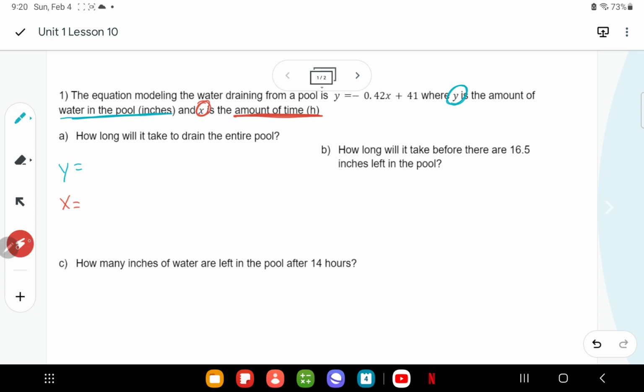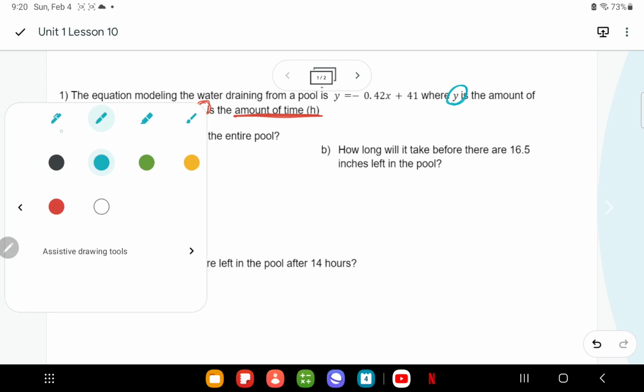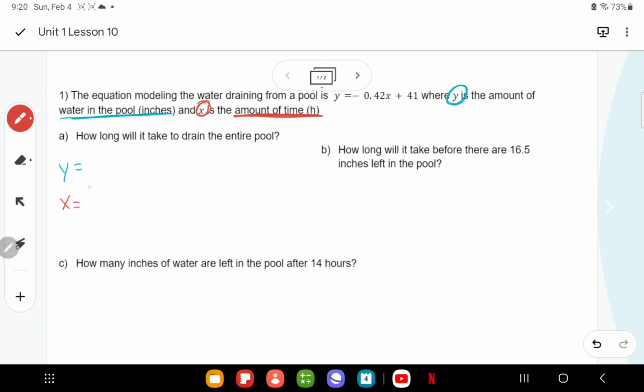So if we're asked how long it will take to drain the pool, that means x, the amount of time, is my question mark. That's what I want to find. And that must mean that I know the height. If we drained the whole pool, what's the height of water that would be left? That's going to be a height of 0.